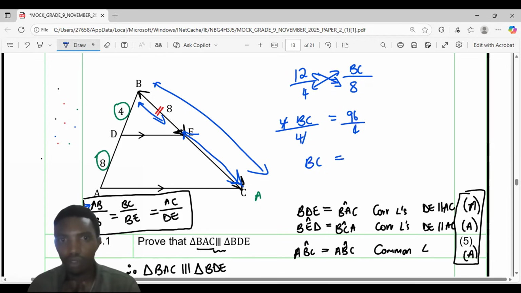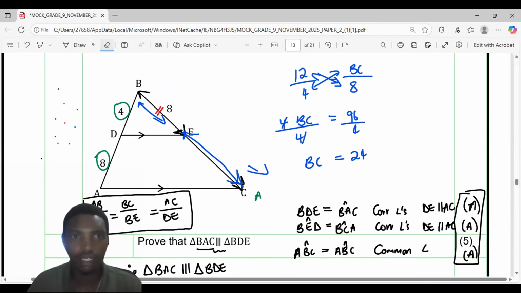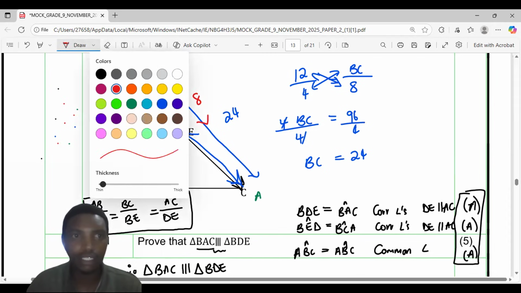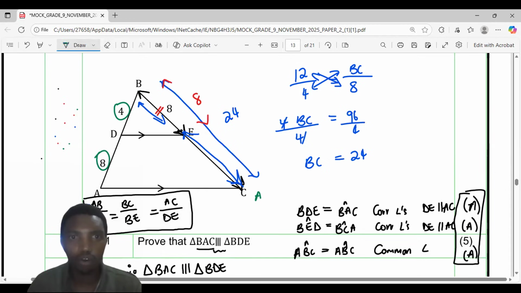24. So if from here all the way down there it is 24, and we know that from here to there it is 8, then how much is it from here to there? It's going to give us 16, right?